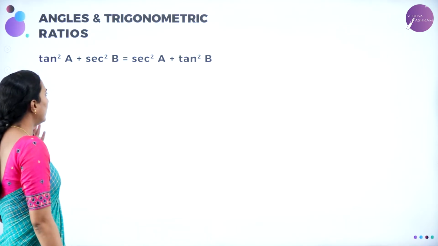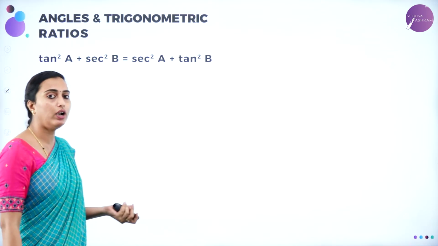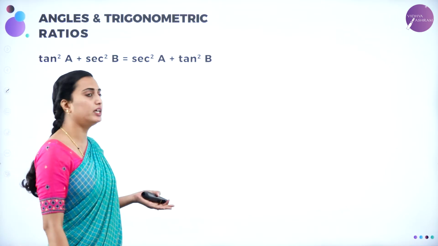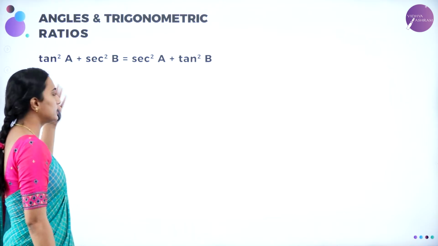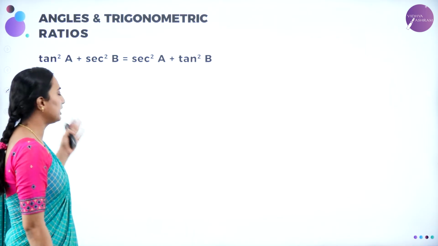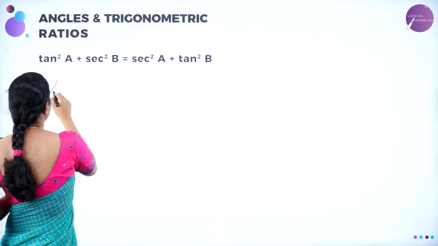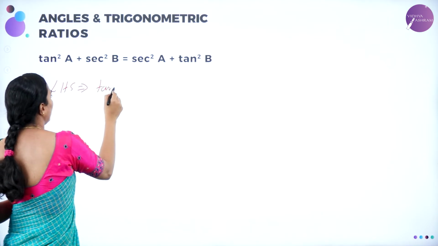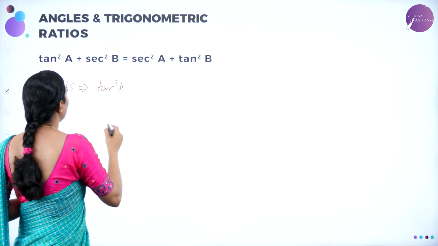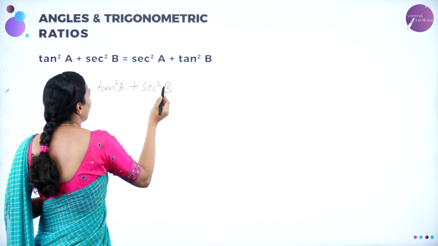Prove that tan squared A plus secant squared B is equal to secant squared A plus tan squared B. Let me take the left hand side, tan squared A plus secant squared B. Correct?